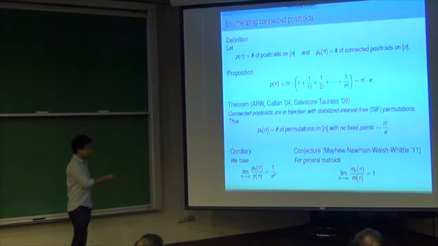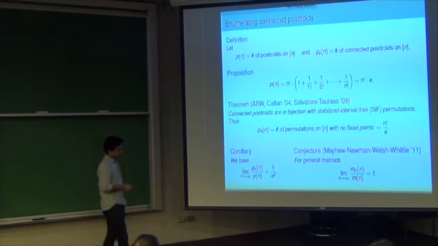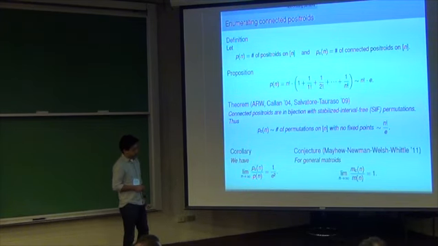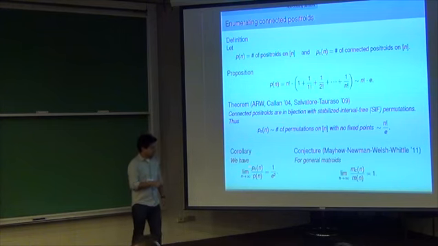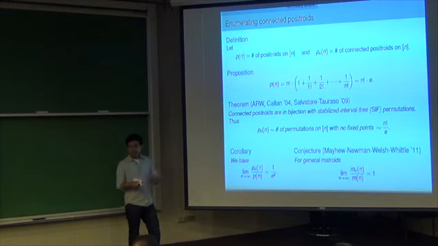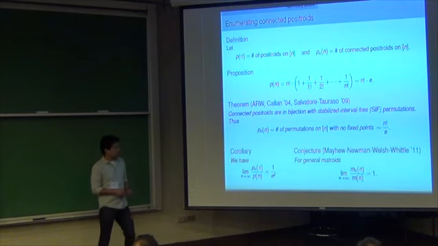So as a corollary, one nice way of putting these two together is that the proportion of connected positroids over all positroids on the ground set n tends to 1 over e squared, because this is like n factorial over e, and this is n factorial times e. So 1 out of e squared positroids are connected if you have a very large ground set.